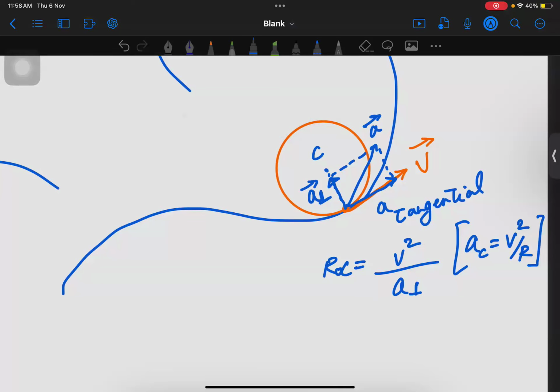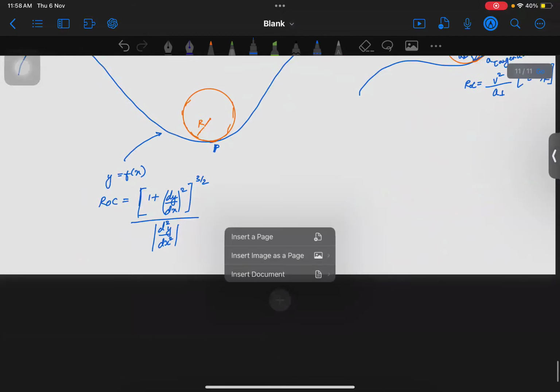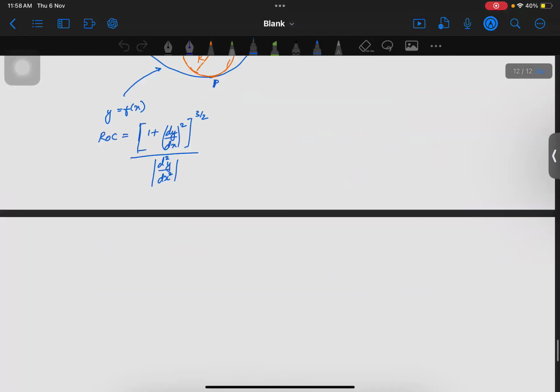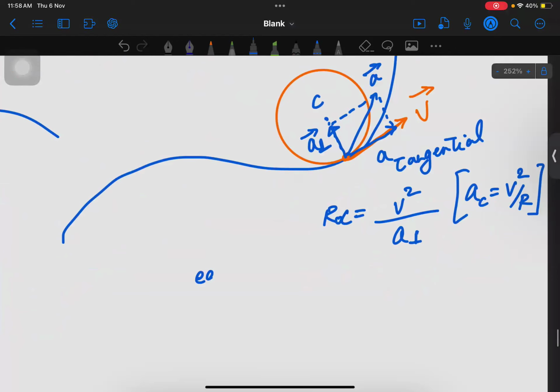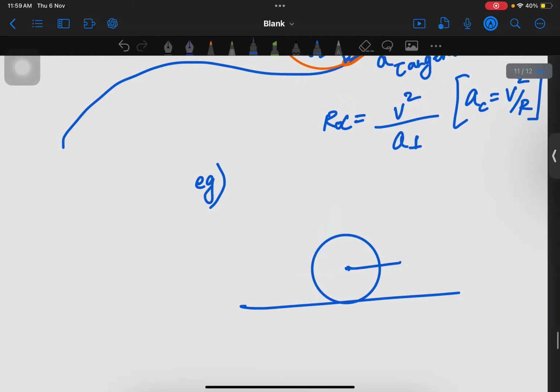So therefore, let's take an example over here itself. Fine. For this object which is rolling over here, let's say that you have this object, and the speed of the center is this much, v, and the radius over here is nothing but equal to r.